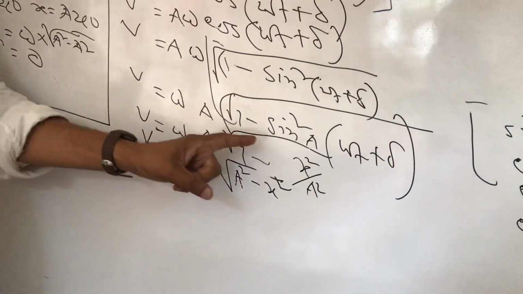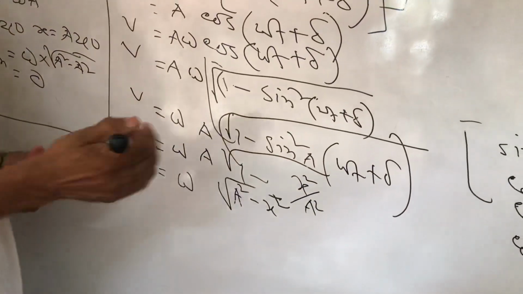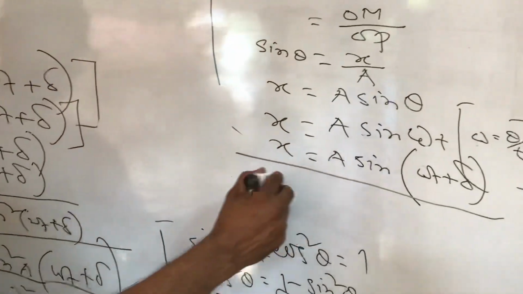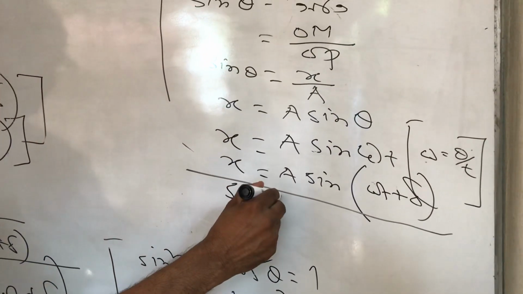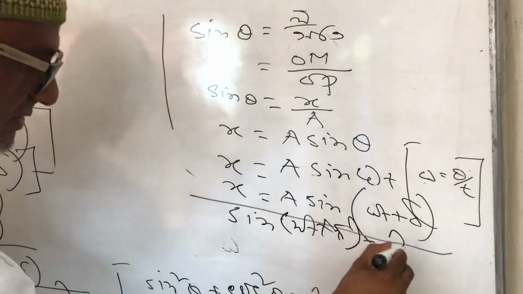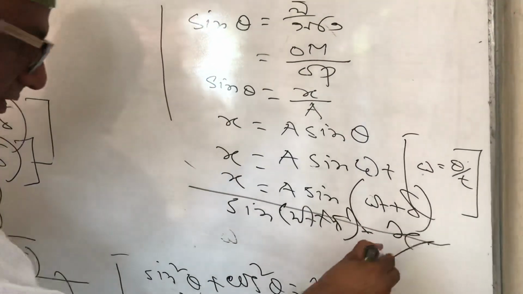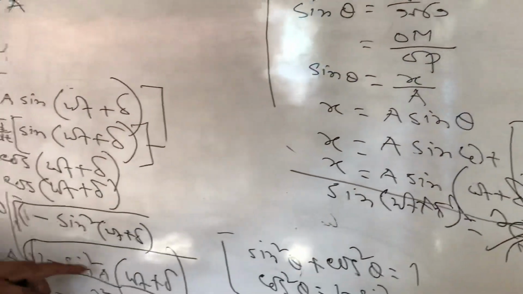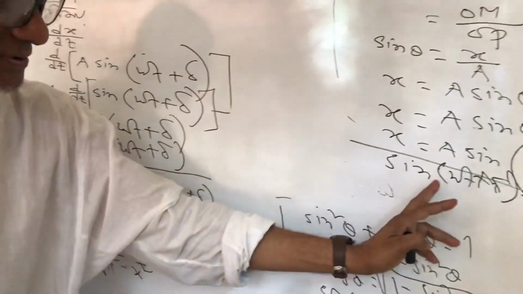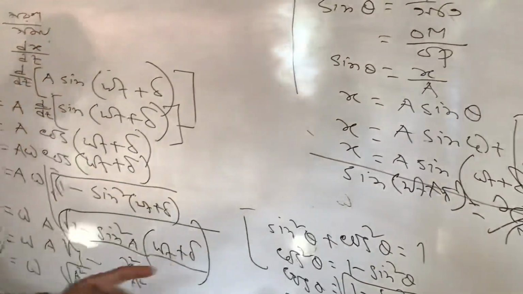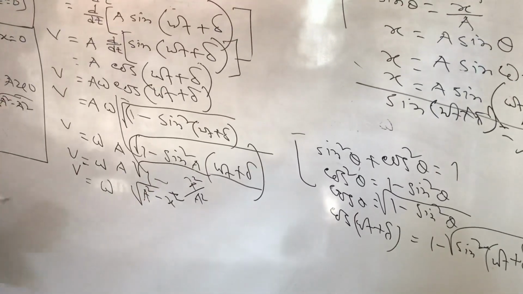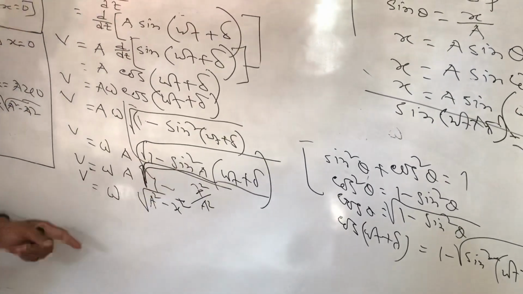From this calculation, we know that sin(omega t plus delta) equals x by A. So sin square theta equals x square by A square.